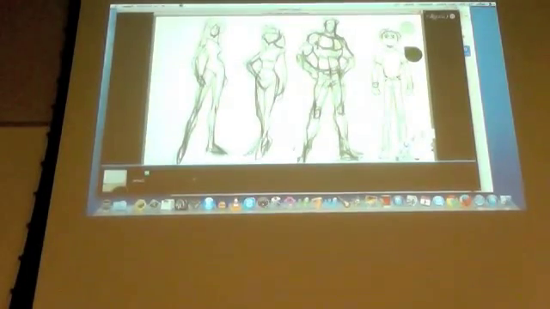All right. So the first thing when you see characters in a scene is we try to look at the proportion. We figure out how many heads tall they're going to be, and really what their story is.